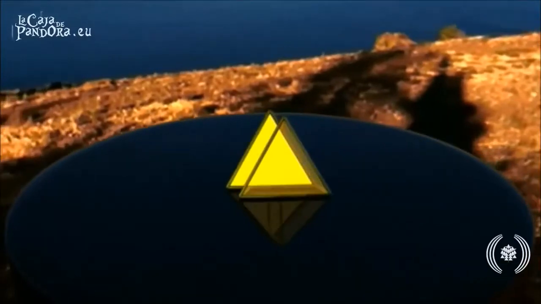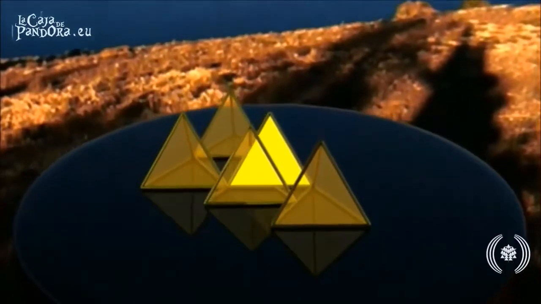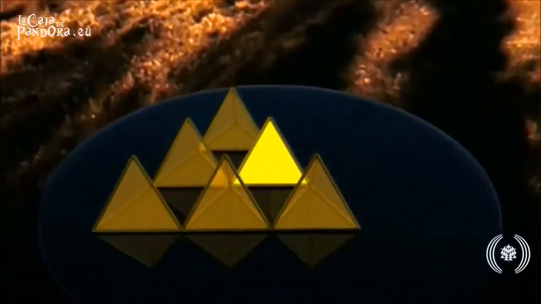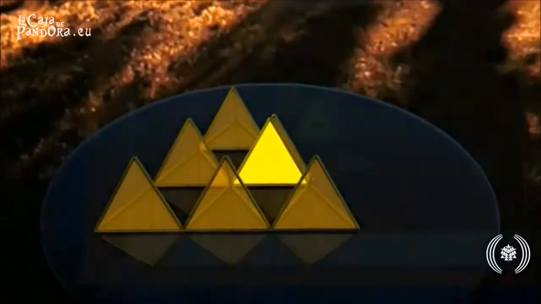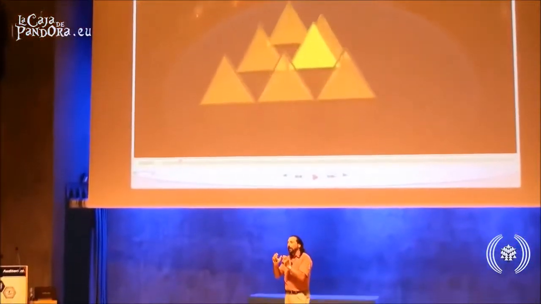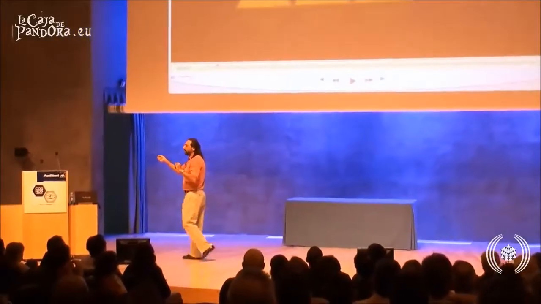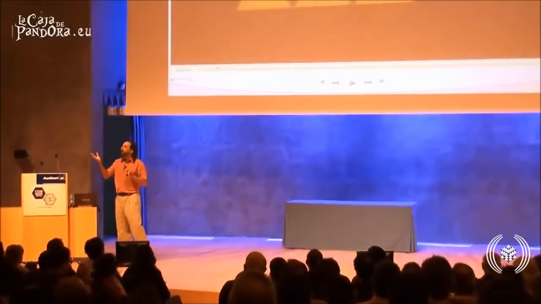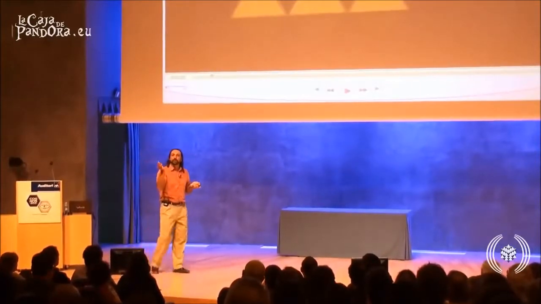And so here, what I found is that this constant that was found in Titicaca, this constant of the tetrahedron relationship to the sphere, matched the mathematical constant that Buckminster Fuller, everybody knows who Buckminster Fuller is?